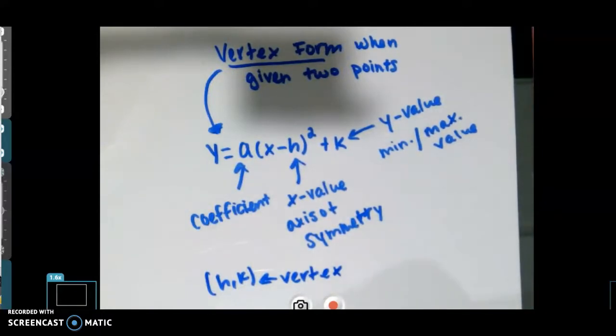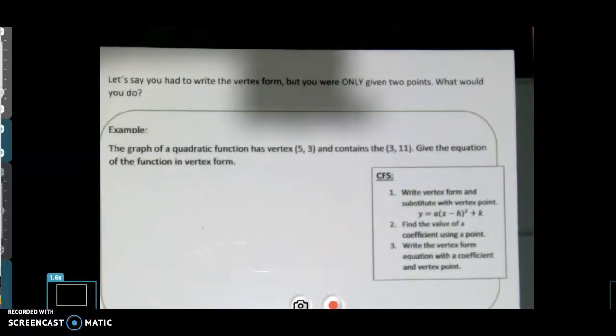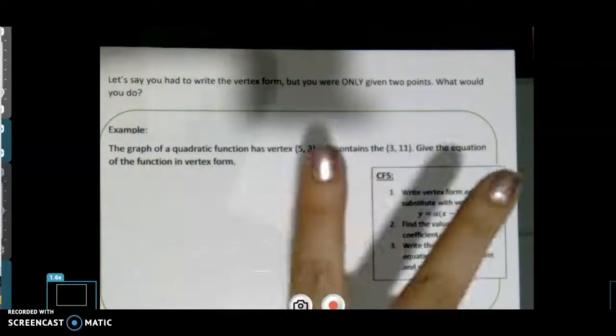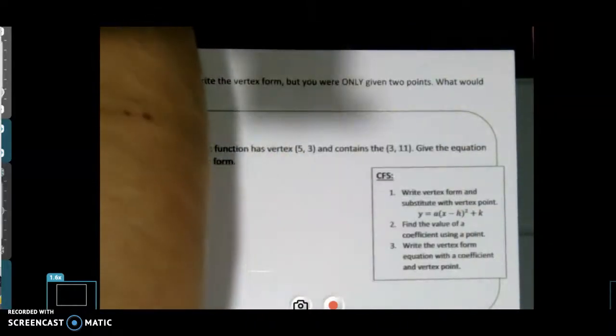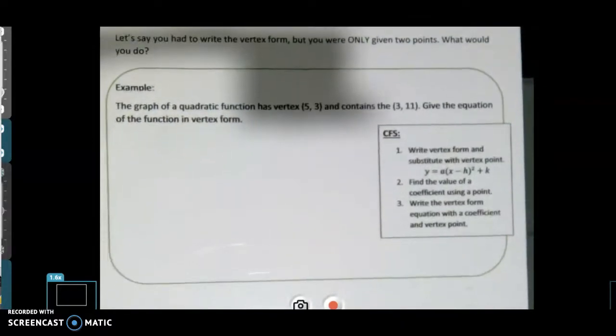Okay, now let's go ahead and get into the example. So let's say you had to write the vertex form, but you were only given 2 points. What would you do? So I want you to stop and think. There's no perfect answer, so what would you do? All right, now let's actually see the situation.